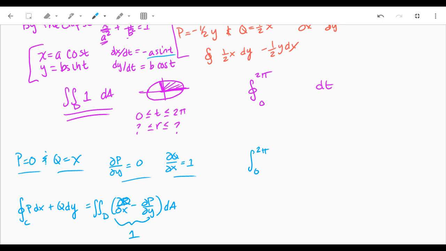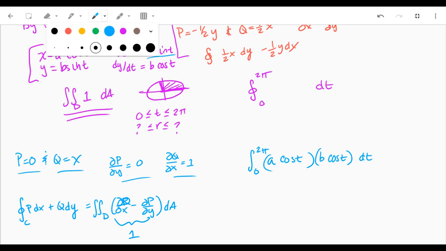Okay, well, if Q is x, that's a cosine t. And then dy is b cosine t. And then we've got our dt. Okay, so again, I'm going to back up a little bit here, maybe switch a different color.